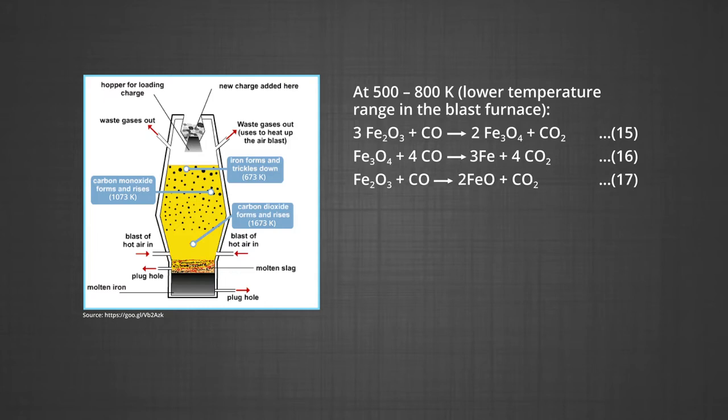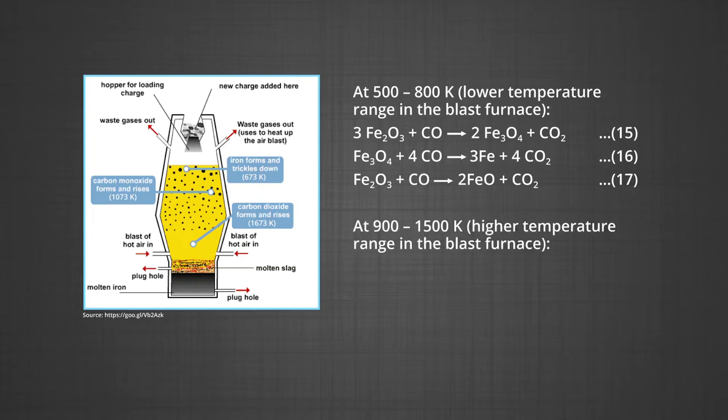Fe2O3 also reacts with carbon monoxide to give FeO plus carbon dioxide. At 900 to 1500 kelvins, that is at high temperature in the blast furnace, coke reacts with carbon dioxide to form carbon monoxide. Also, iron oxide reacts with this carbon monoxide formed to form iron and give carbon dioxide.